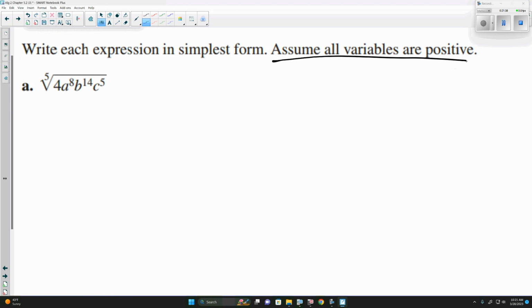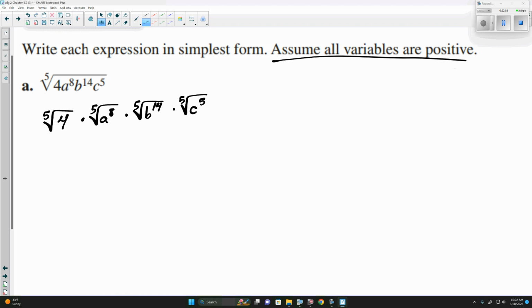So we're going to take the fifth root of each one of these. So we'd have the fifth root of 4, times the fifth root of a to the 8, times the fifth root of b to the 14, times the fifth root of c to the fifth.